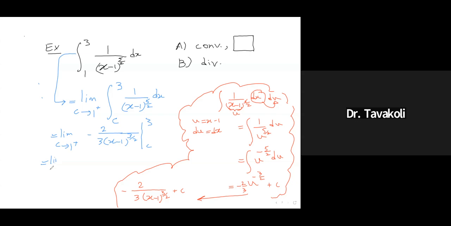At 3, it is minus 2 over 3 times 3 minus 1, which is 2, so 3 times 2 to the power of 3 halves. Minus, at c, it is minus 2 over 3 times c minus 1 to the power of 3 halves.